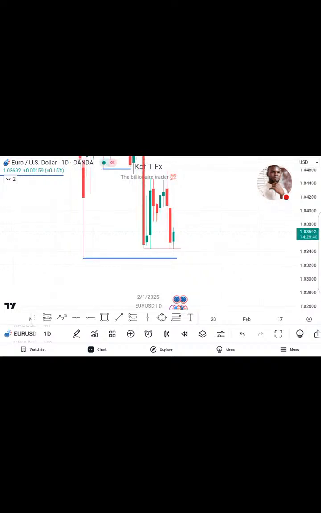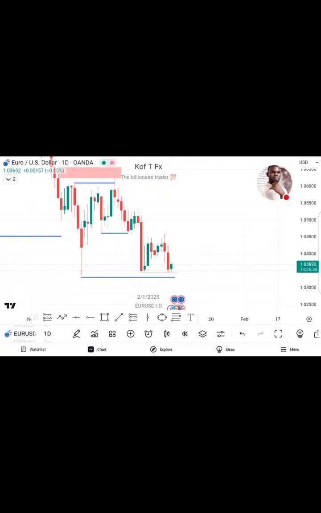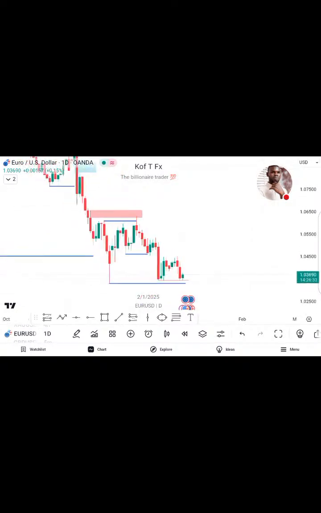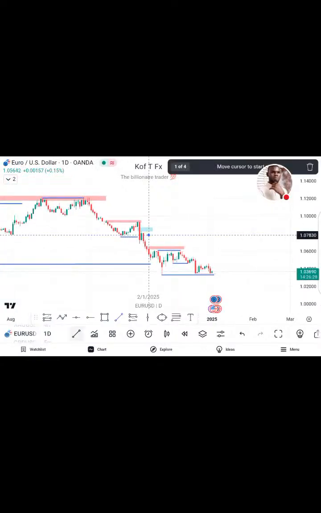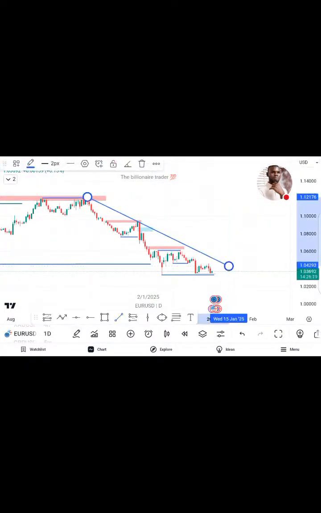But are we going to say price is ready to reverse upward? Let's wait and see. To confirm if price is actually ready to reverse upward, using this double bottom, I'll be expecting this to happen. If this should happen, then I'll have a change in bias.